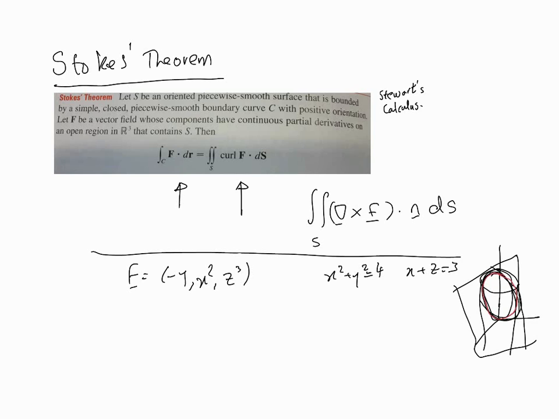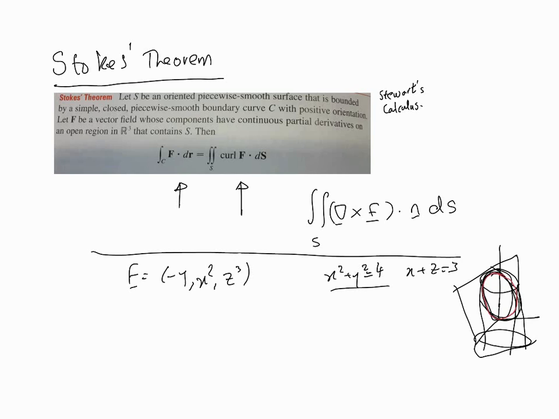So here it's even more pertinent to use Stokes' theorem, because it is easier to look at. For instance, the region over which we're calculating this is a circle, x squared plus y squared equals 4.